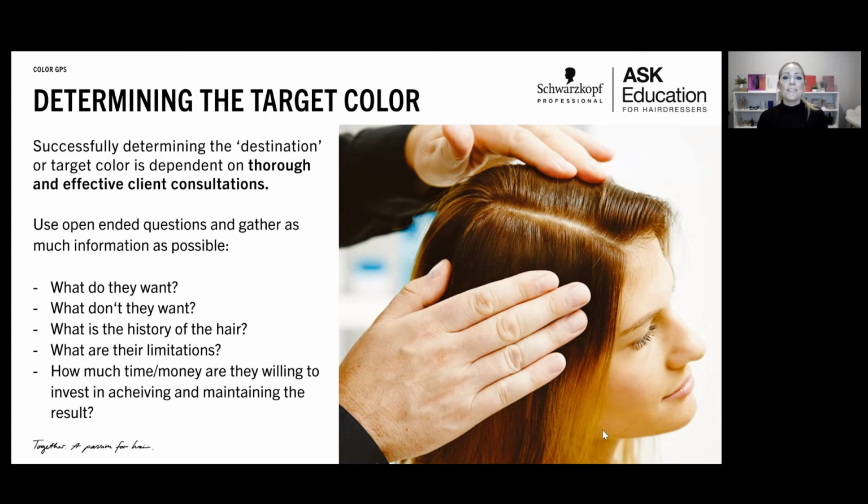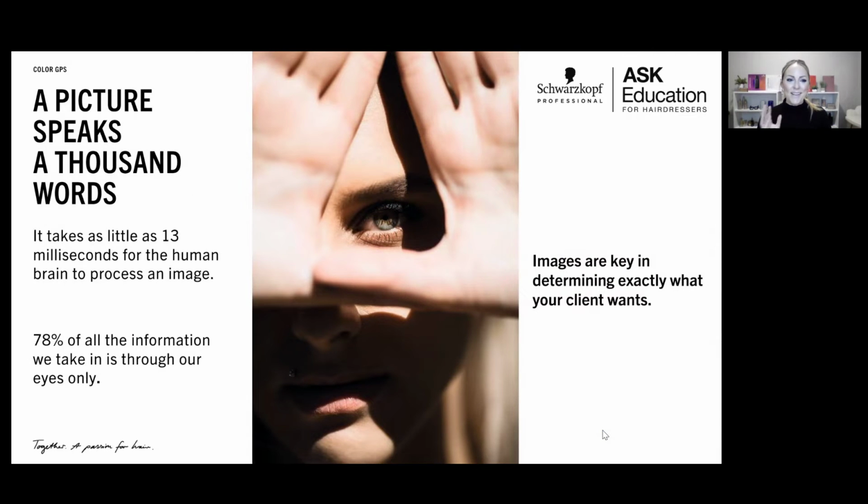So I think determining the target color and being really, really clear about it is super important, because if you don't know exactly where you're going, it's really hard to plan a route to get there, right? So this is the destination. Be specific. A picture speaks 1,000 words, as I've mentioned. A lot of the time, our clients do bring in their pictures with them.